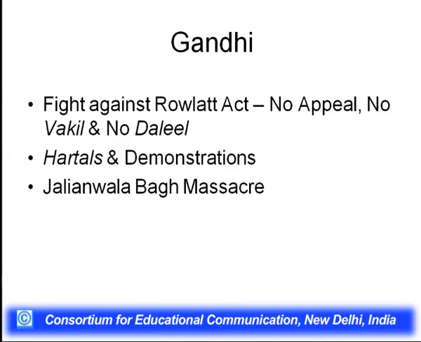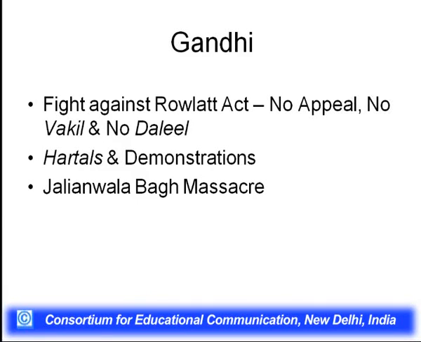All this was rejected by the people, and anti-Rowlatt protests could be witnessed at different times, which later led to the Jallianwala Bagh tragedy. These hartals and demonstrations during that period led to the Jallianwala Bagh massacre.